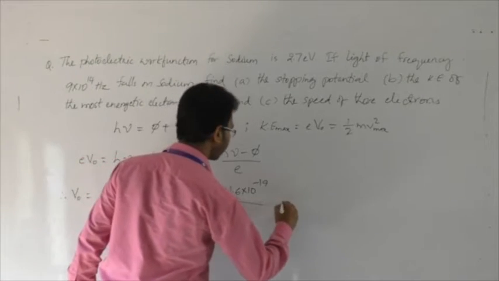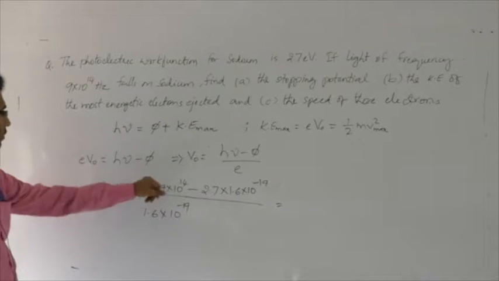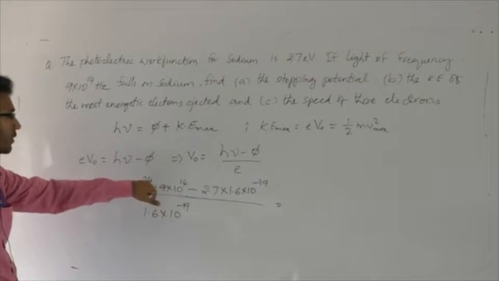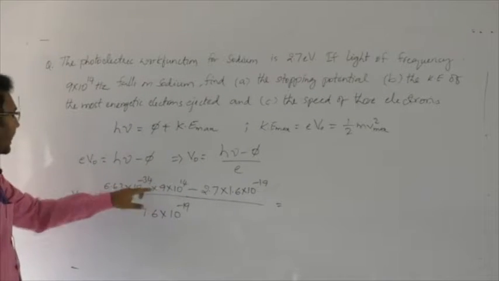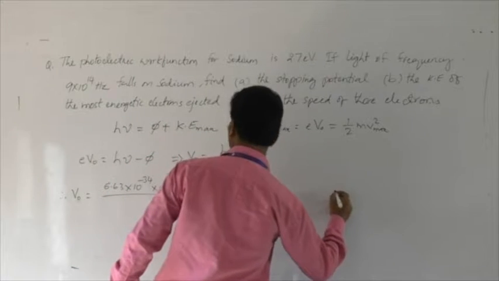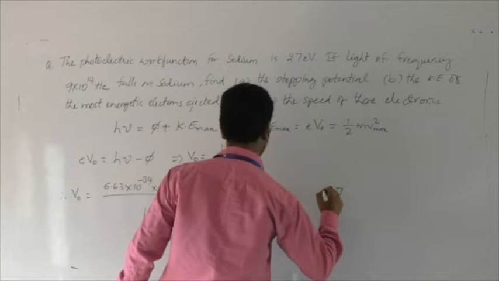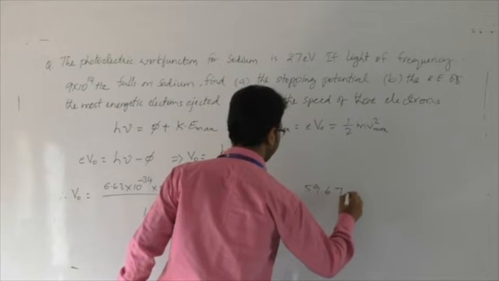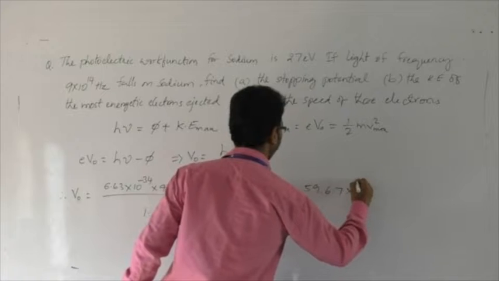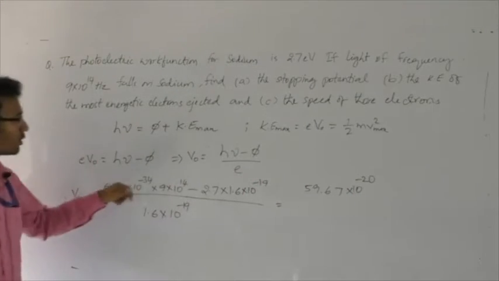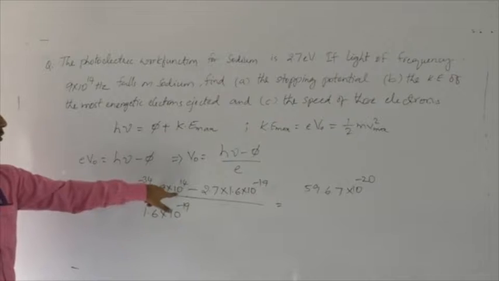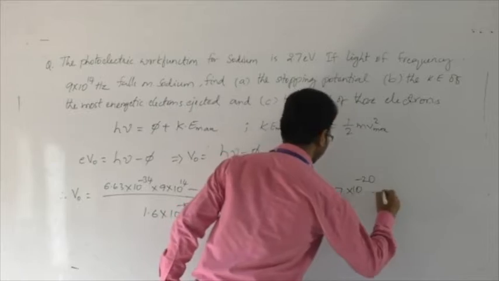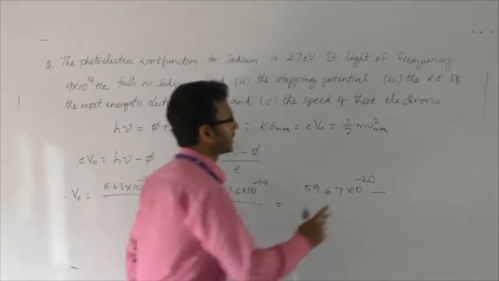How do we simplify this? So first take this, simplify this. Powers of 10, 10 power 14, 10 power minus 34 is 10 power minus 20. Then 9 into 6.63 is 59.67, so 59.67 into 10 power minus 20 minus, what is 2.7 into 1.6?